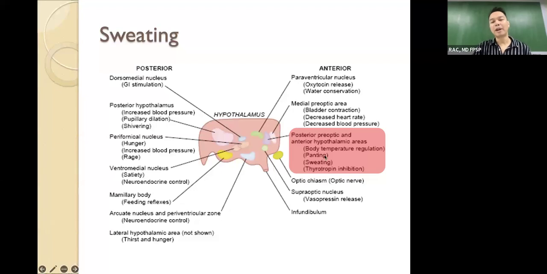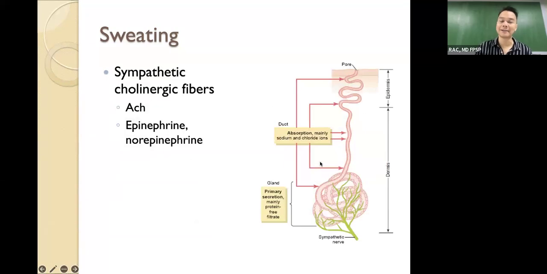One of the more important functions of the posterior preoptic anterior hypothalamic region is to activate the sweating mechanism. So this is your sweat gland. Recall that the sweat gland is only activated by the sympathetic nervous system. It does not contain parasympathetic fibers. It is only activated by the sympathetic nervous system, namely the sympathetic cholinergic division.